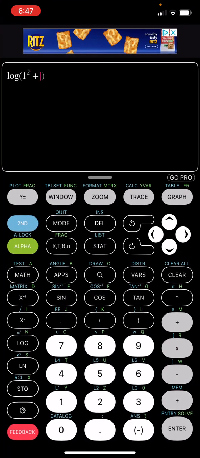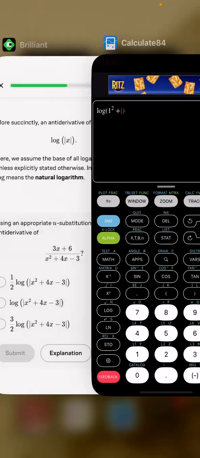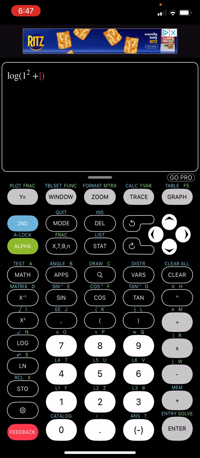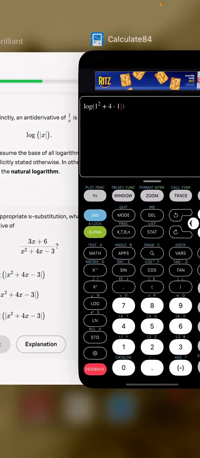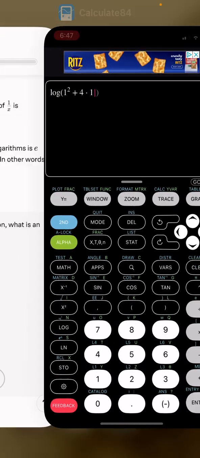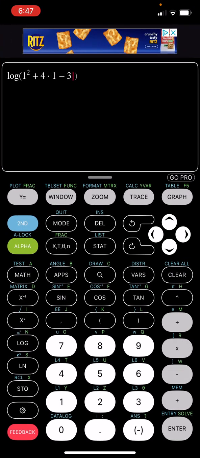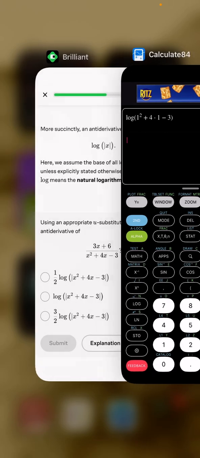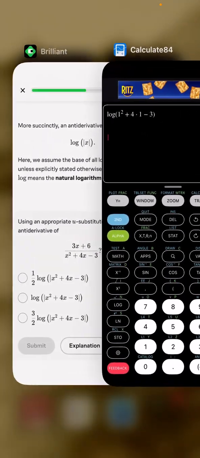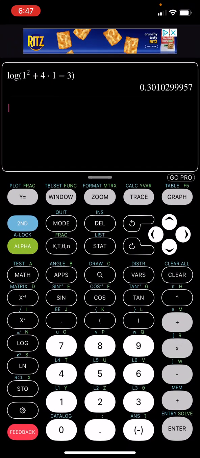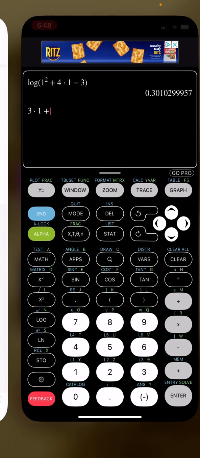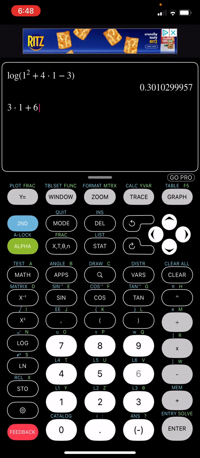I'm also doing number b. So 0.3 times 1. And 1 plus 6 divided by.